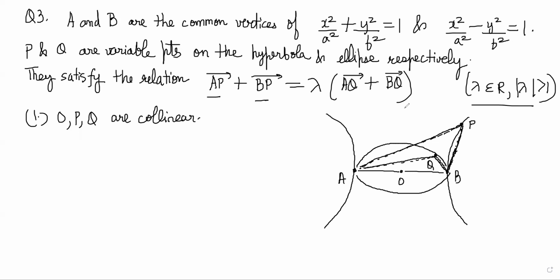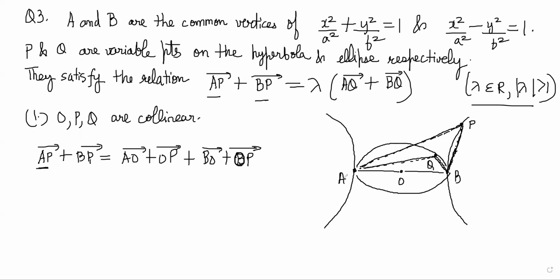So how do we do this? This is the first part of the problem. Now think about it. We have AP plus BP can be written as AO plus OP plus BO plus OP, right?